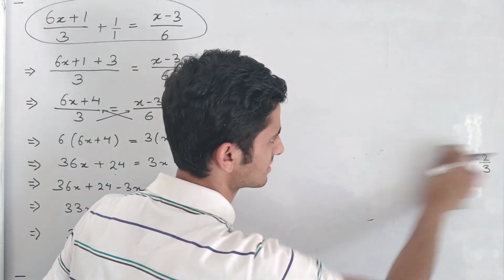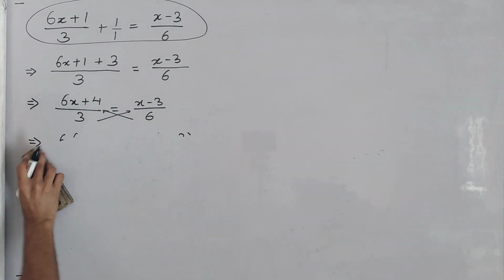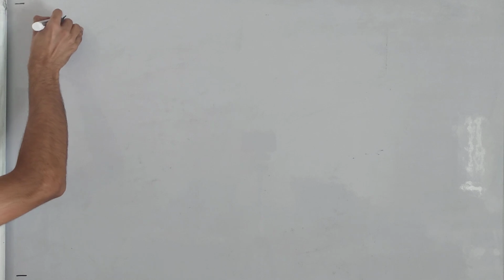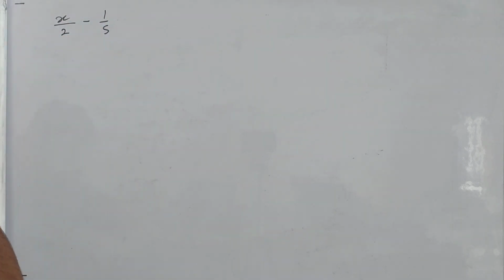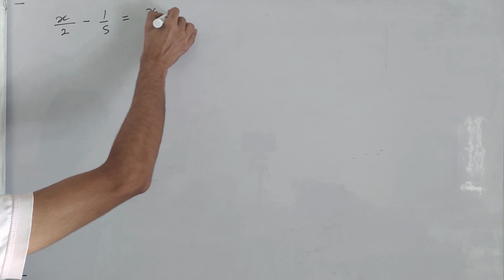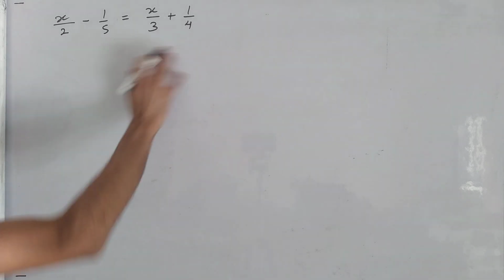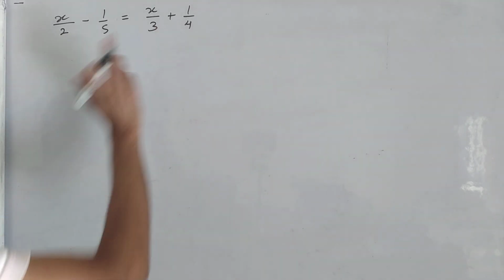Okay, the question is x upon 2 minus 1 upon 5 is equal to x upon 3 plus 1 upon 4.